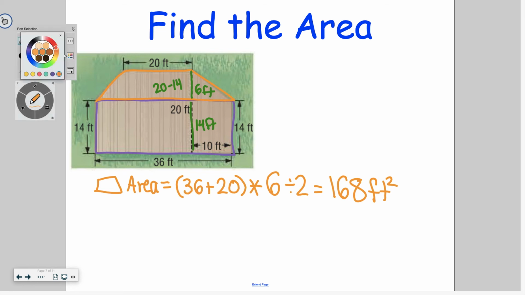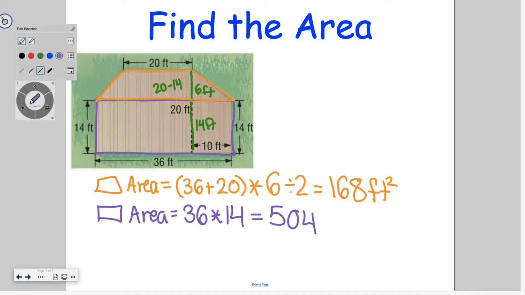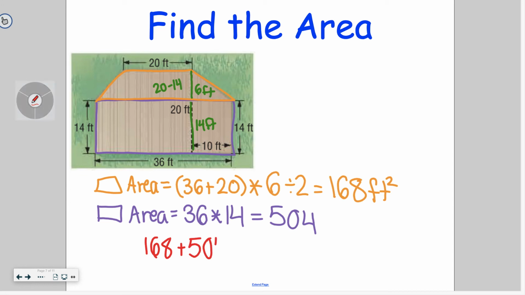Then I need to come down and figure out the area for my rectangle. Again, that's going to be base times height, the base of the rectangle being 36, the height of the rectangle being 14, giving me a total area there of 504. Again, then to find our answer, we're going to take our first answer plus our second answer, which I should have included a label on, remembering that the labels here are feet squared.